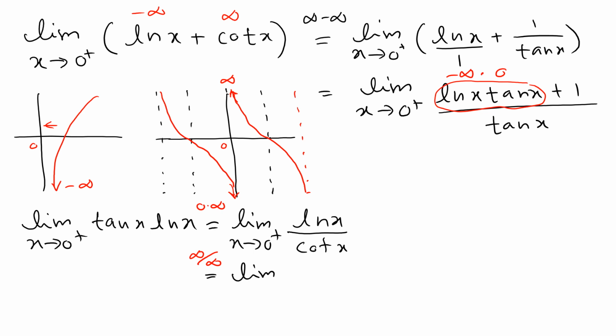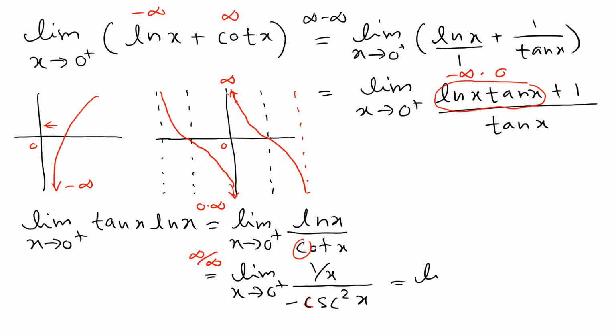If you take the derivatives, the derivative of the top is 1 over x, that we know. The derivative of cotangent has a negative sign, because it starts with a c, and it is cosecant squared. So you get negative cosecant squared x. Now we can do a nice algebra trick and move the terms around.